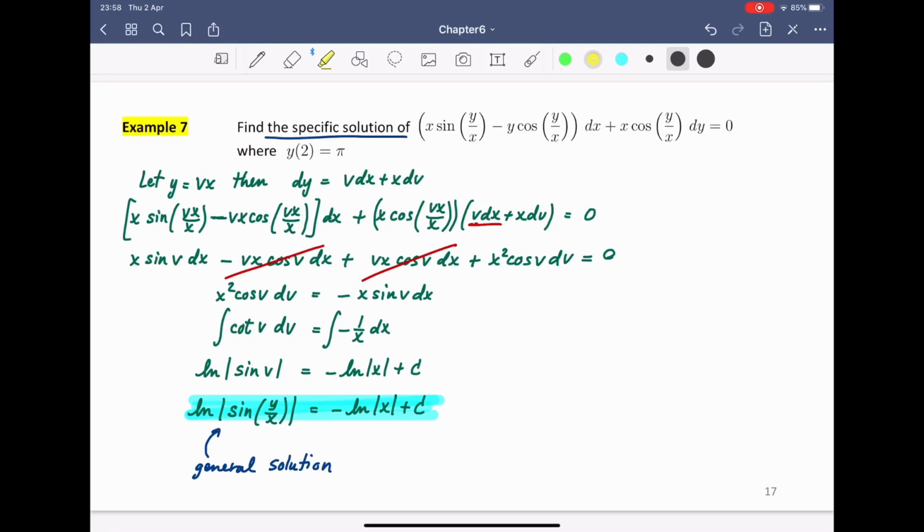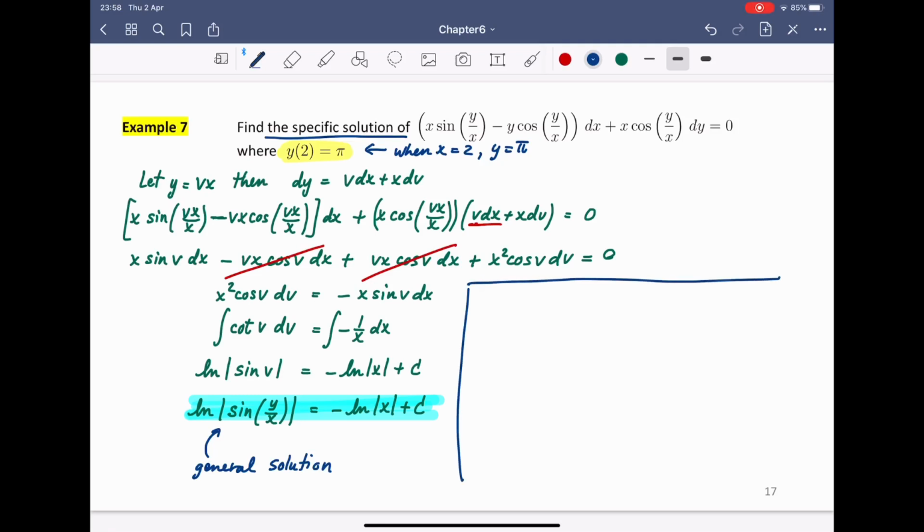So our initial condition is y(2) equal to pi. So this means when x equal to 2, y equal to pi. So let's do it. So we're gonna substitute x equal to 2 and y equal to pi, so we can solve for c. Alright, here we have logarithm of absolute sine pi over 2 equal to negative log absolute 2 and then plus c.